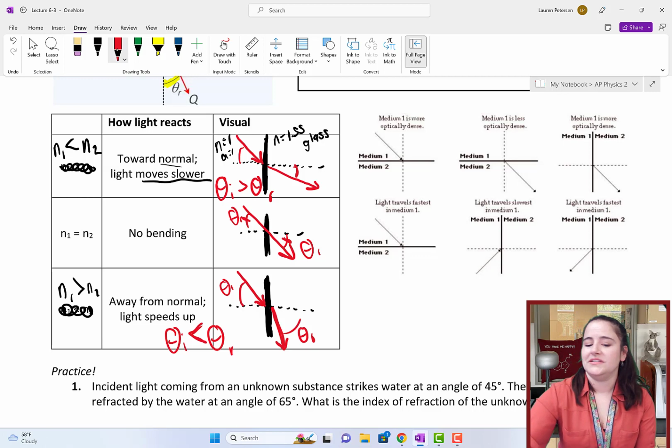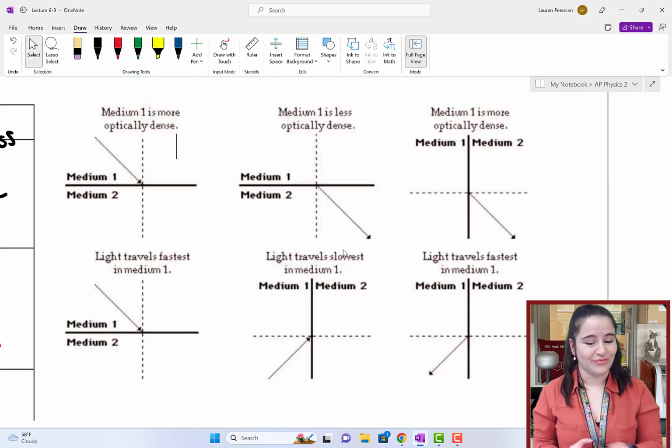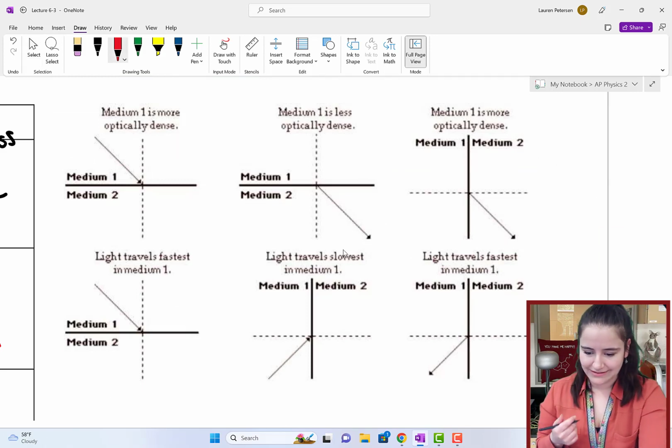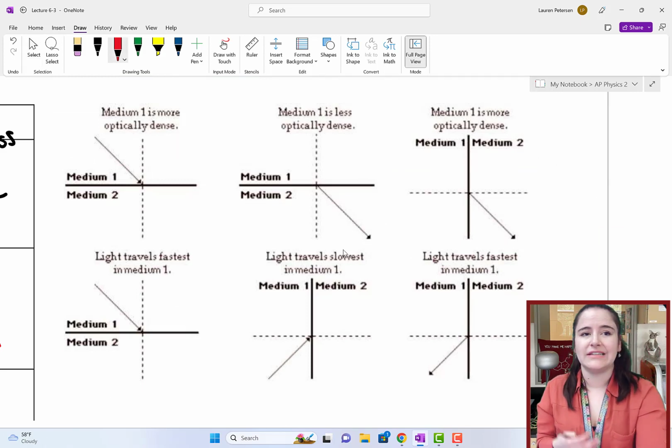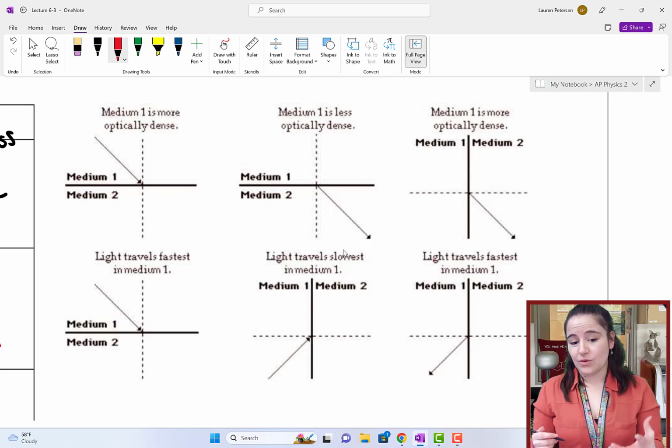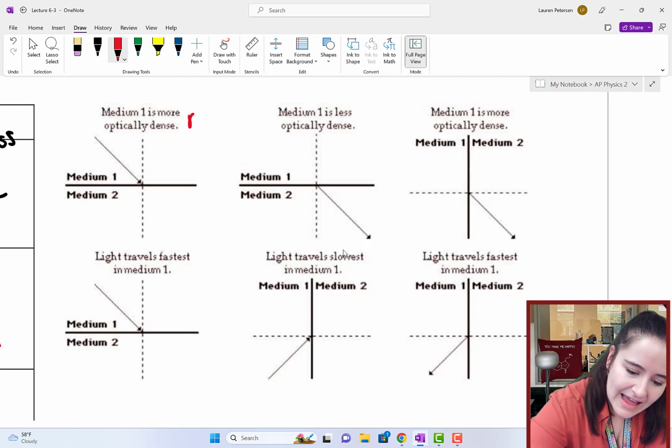Okay, cool. So let's go ahead and practice this a little bit. Let's look at this first one. It says medium 1 is more optically dense. Optically dense refers to how dense the medium is that the light interacts with. So what it's saying there is that n1 is greater than n2.